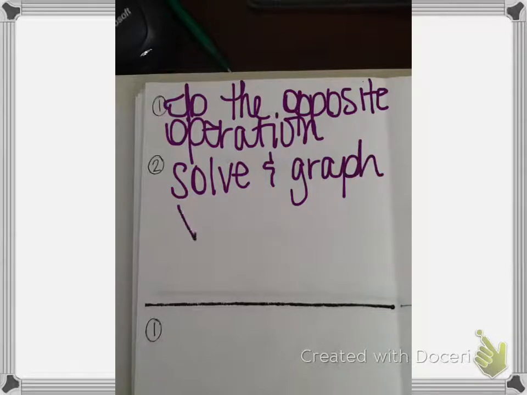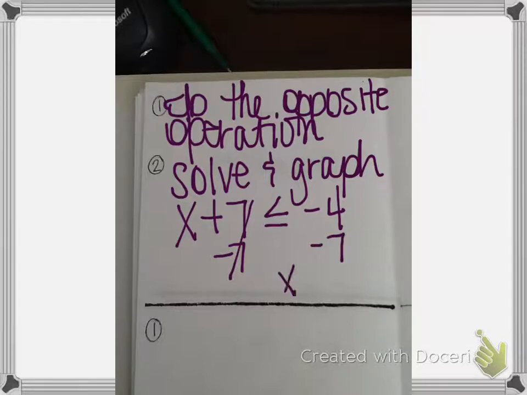So, if we had x plus 7 is less than or equal to negative 4, the opposite operation of plus is minus. So we would have x is less than or equal to negative 4, take away 7 more is negative 11.